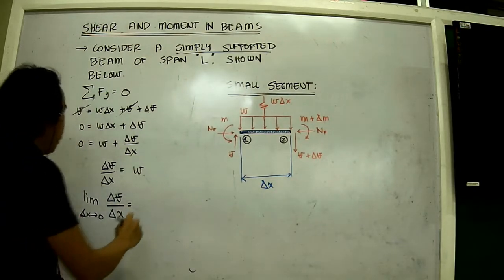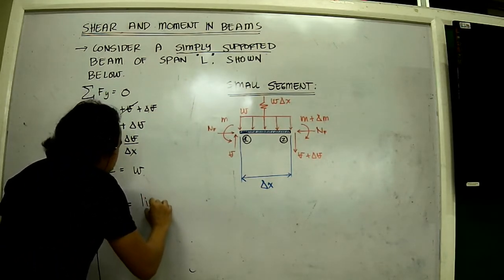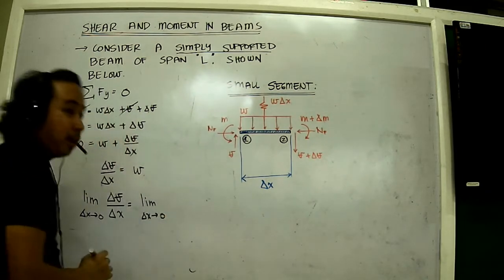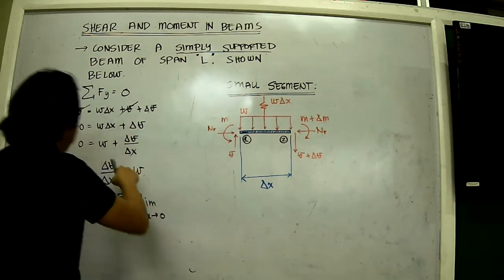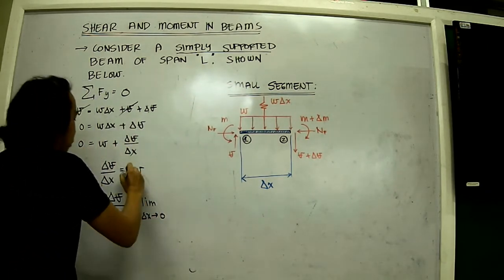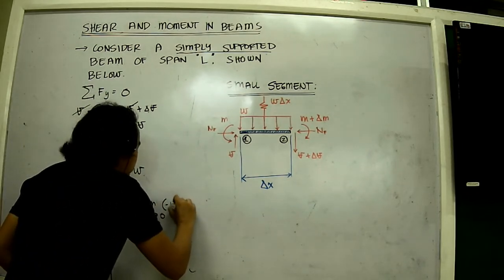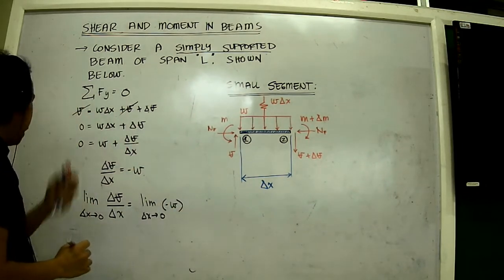Of course, what I do to one side of the equation, I do to the other. So this becomes negative W.